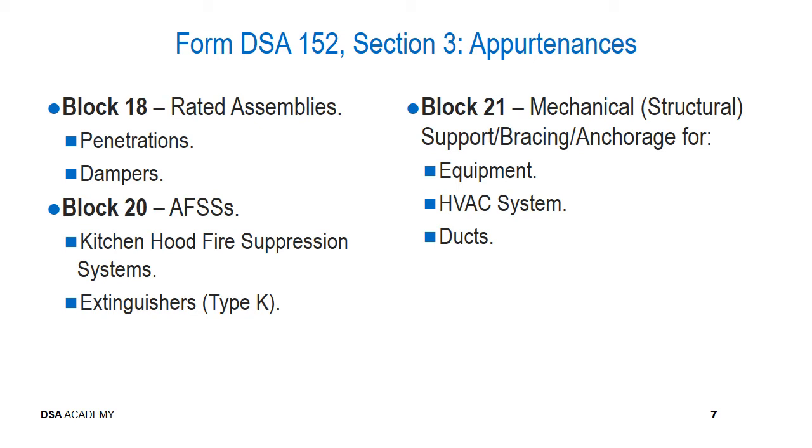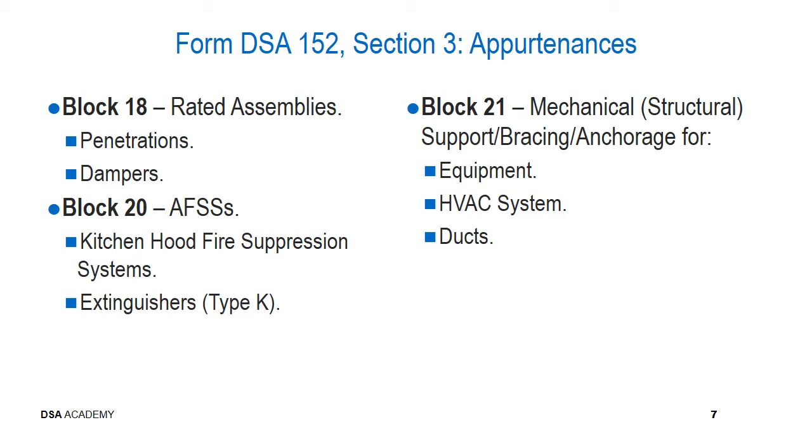Block 20 is titled Automatic Fire Sprinkler Systems, and for this particular block it's possible that there may be some kitchen hood fire suppression systems installed, and along with that, the associated extinguishers that are required to be also installed in these areas.